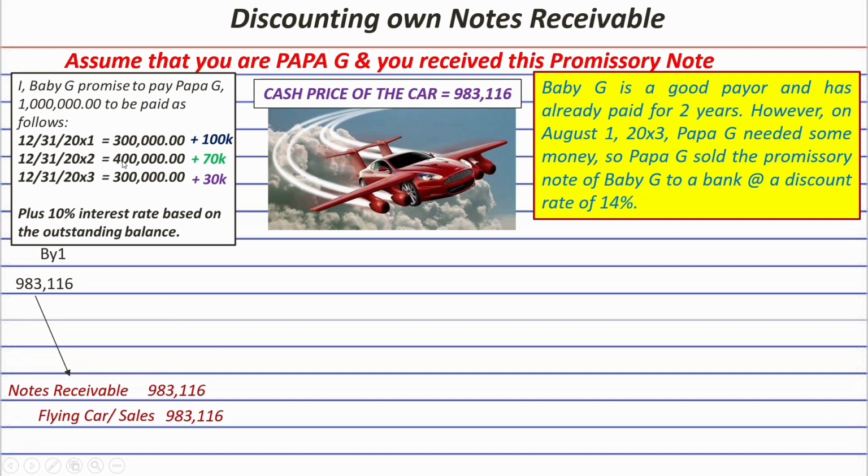Like, if this 400,000 times 1 plus i raised to the power of negative 1 plus this 470,000 here times 1 plus i raised to the power of negative 2 plus this 330,000 times 1 plus i raised to the power of negative 3, it should equal to 983,116.